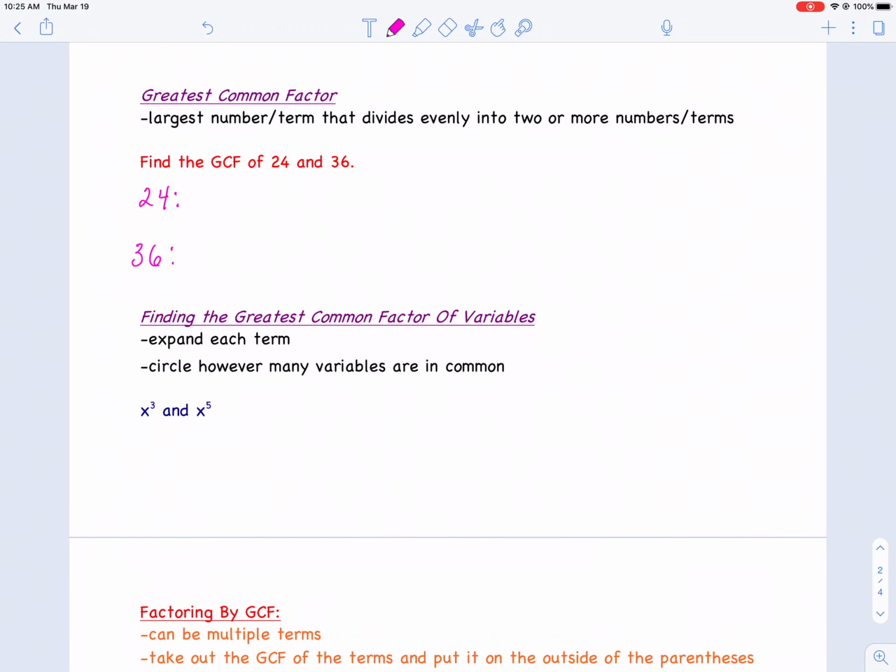If I want to show every factor of 24, I could say 1, 2, 3, 4, 6, 8, 12, and 24.